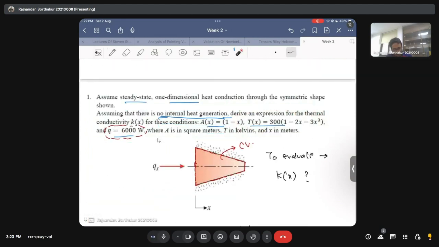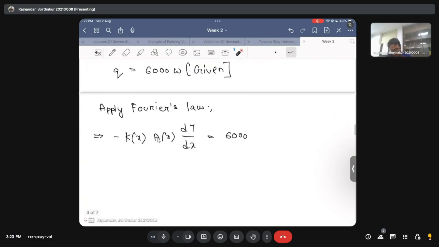So your temperature profile is 300 into 1 minus 2x minus 3x cubed, which means T as a function of x is 300 into 1 minus 2x minus 3x cubed.